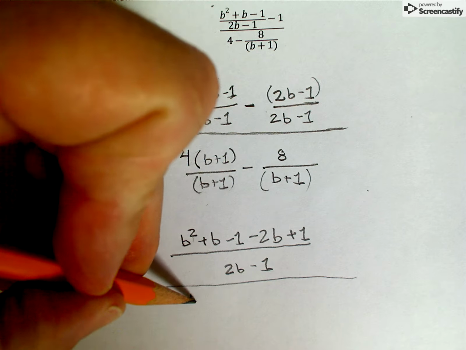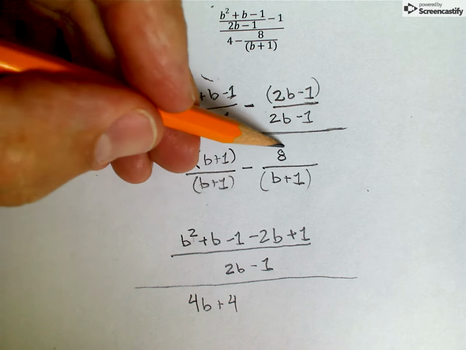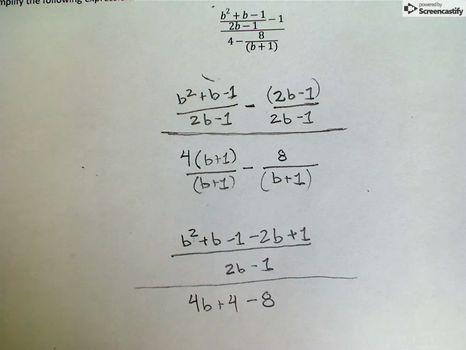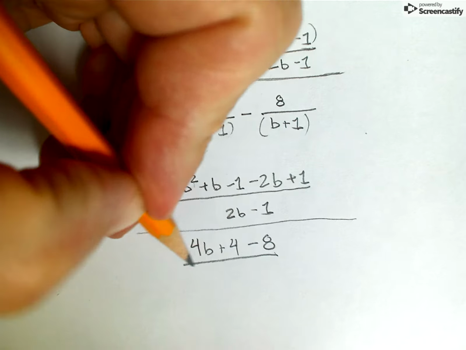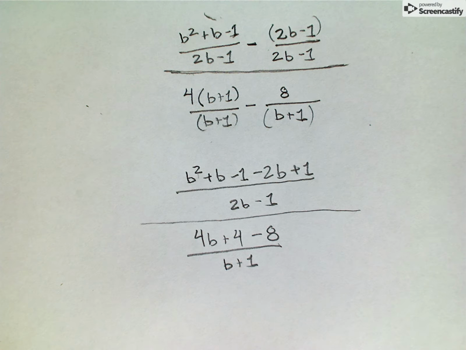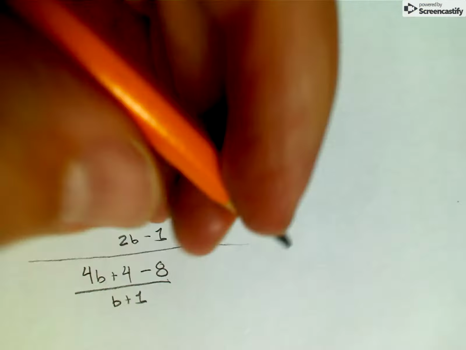And on the bottom, I get 4b plus 4. I'm going to use the distributive property there because I already know I'm going to want to do some combining of like terms with my -8. And that's all divided by b plus 1. So let me do a little more work here to clean this up.